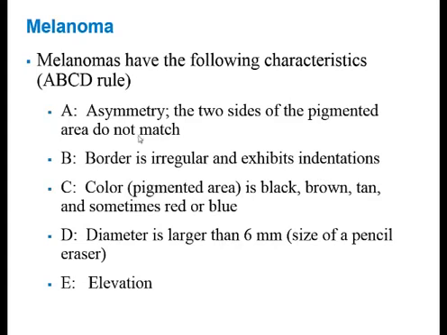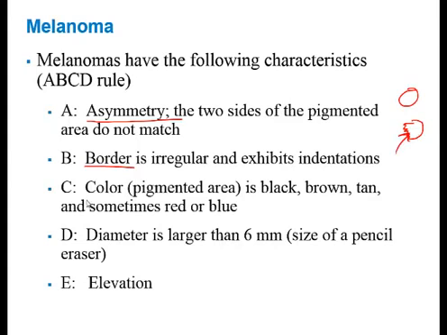The first is that if it's asymmetrical, so if the two sides of the pigmented area do not match. So instead of having a perfect circle, we have one side of a circle and maybe a squiggly line on the other. That's a possible indication. Then the border, if it is irregular and does exhibit indentations, which we see in this one as well.